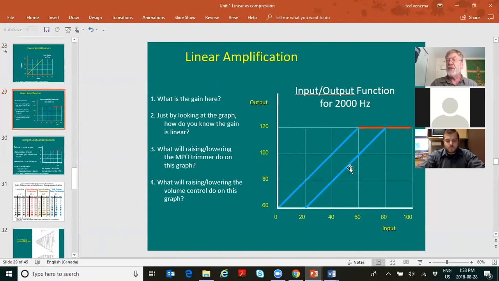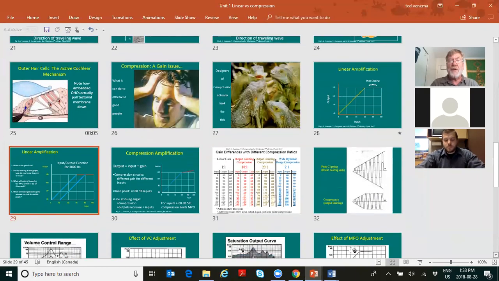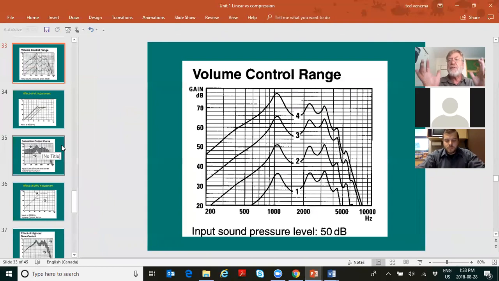That's what changes gain. So if we take our PowerPoint all the way to the end, you can look at two different ways of reading what hearing aids are doing. This is a frequency response graph showing you what happens with the volume control at different positions, 1, 2, 3, 4.